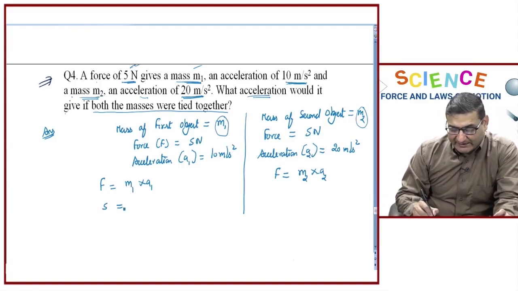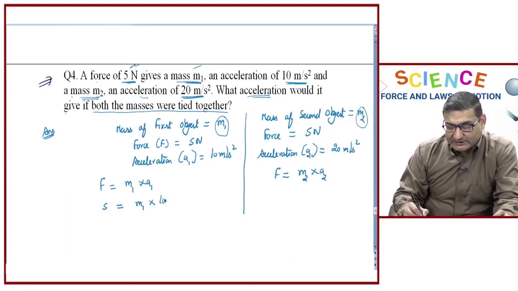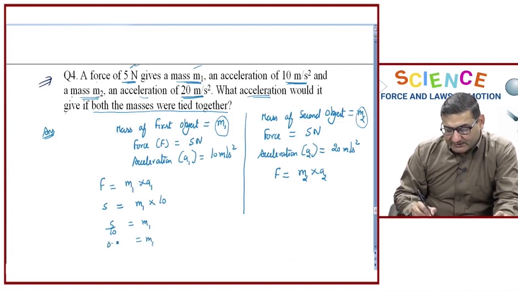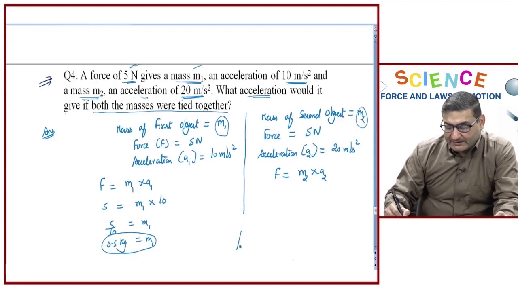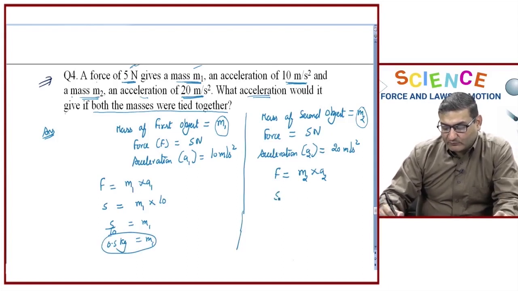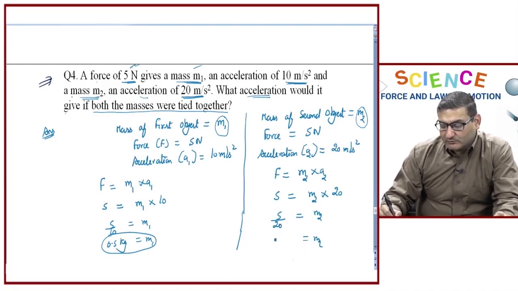Force is given to be 5, mass I need to calculate, acceleration is 10. So from here I will get m1 is equal to 5 by 10, or I can say m1 is equal to 0.5 kilograms. Similarly, putting the values here, the force is 5 Newton, m2 I need to calculate, acceleration is 20, so m2 comes out to be 5 upon 20, and m2 comes out to be what?